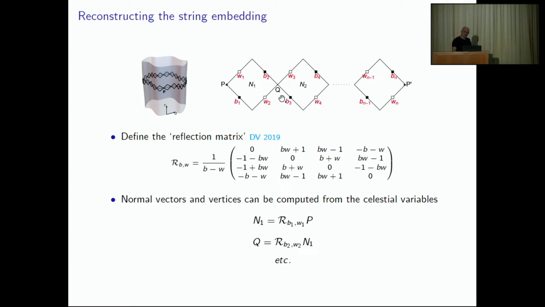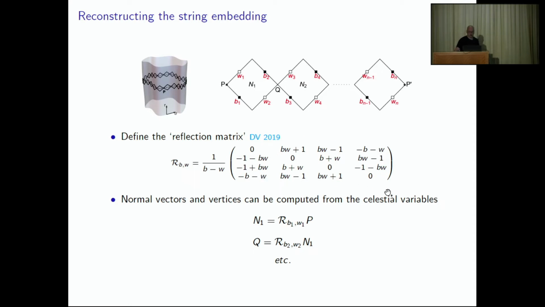So if the enemy gives you these two rows of celestial variables, this guy here, this, that, etc., and the enemy also gives you the P point, you can compute the normal vector of this adjacent AdS2 patch using some not too complicated reflection matrix. So remember, P is a vertex in R2,2.